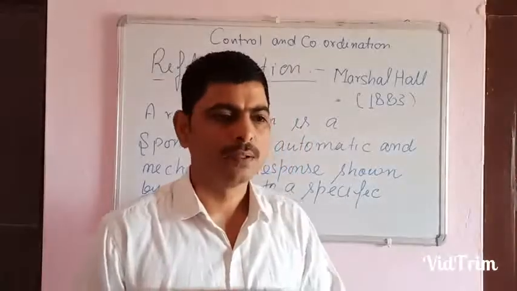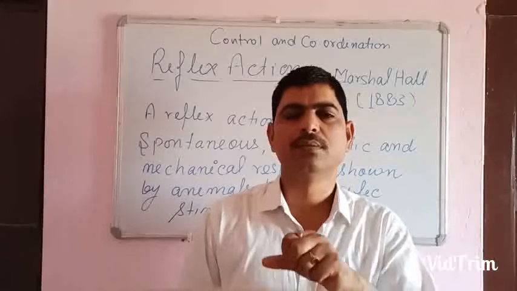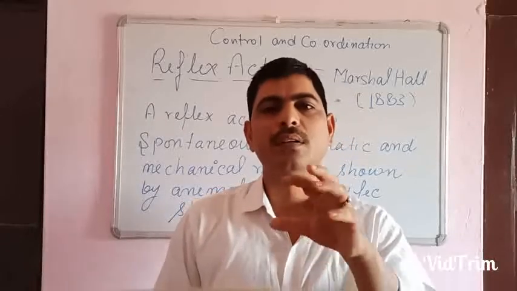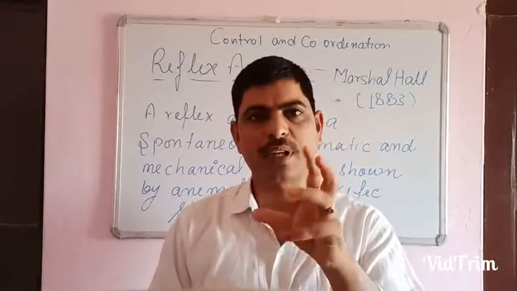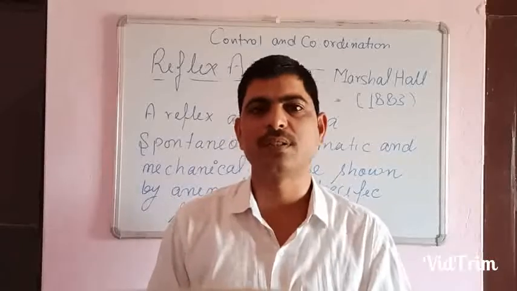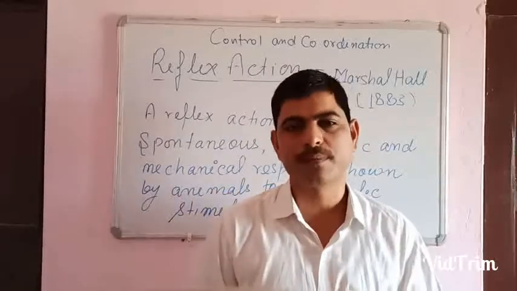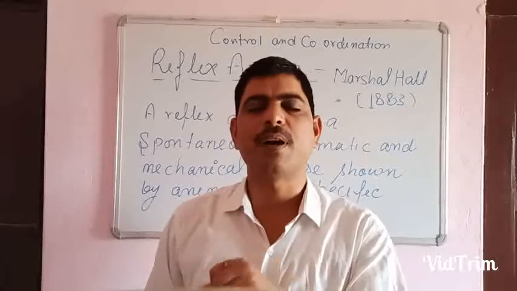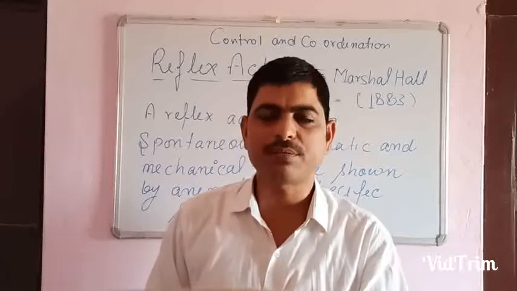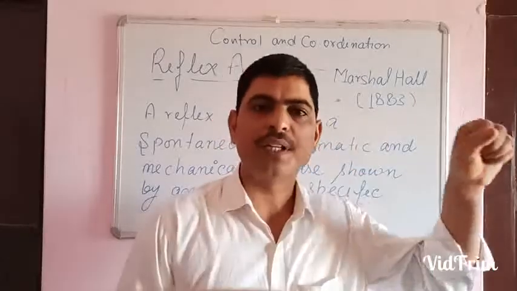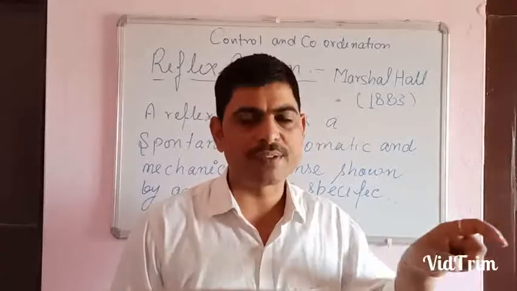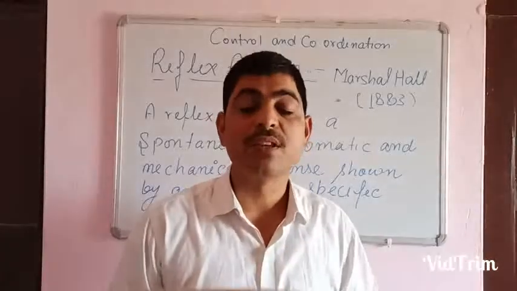Receptors are the specific tips of the dendrites that sense the change in the environment. That information is sensed by the receptors and sent to the central nervous system in the form of electrical impulses, nerve impulses, by the sensory neuron.